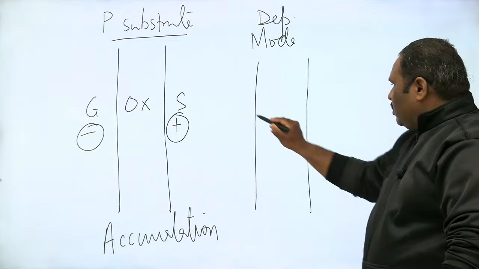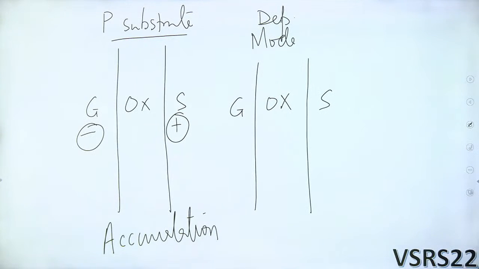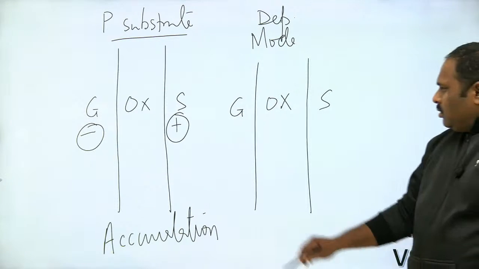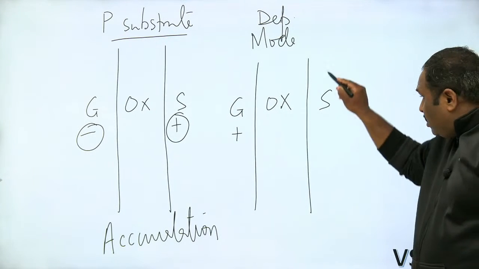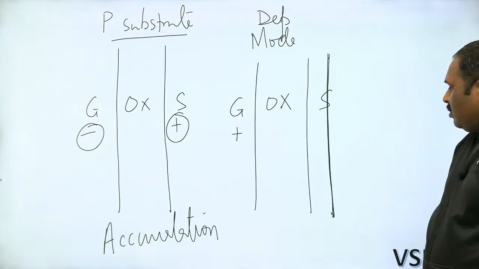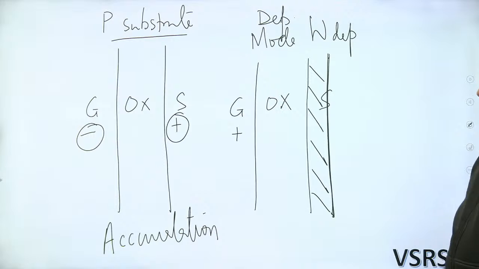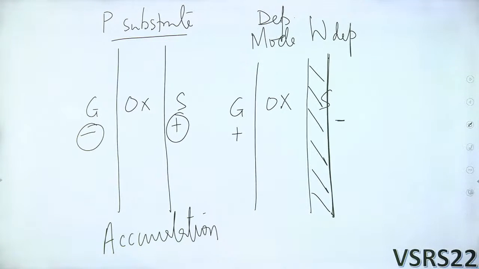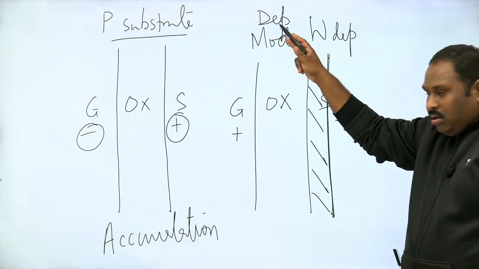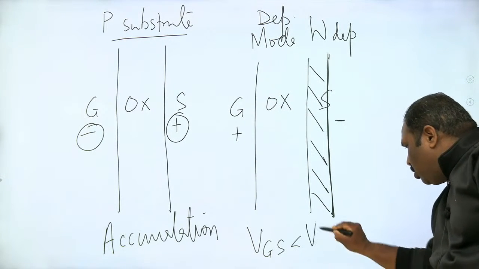Gate, oxide, substrate. It starts by giving this a positive voltage. And in the substrate, there is an extra region now. That is the W depletion region. And somewhere here there may be minus, negligible. So depletion mode is something where you give a positive voltage, but less than threshold.